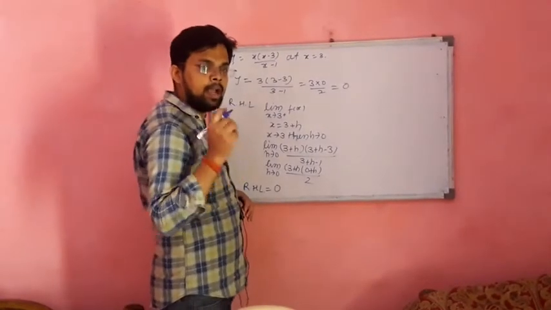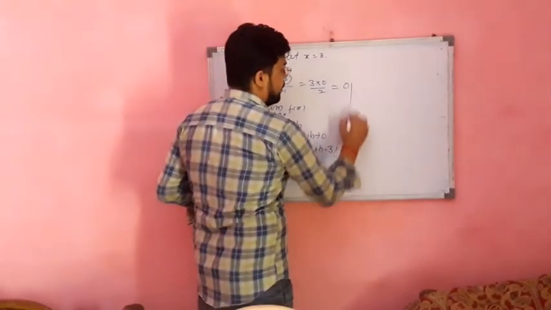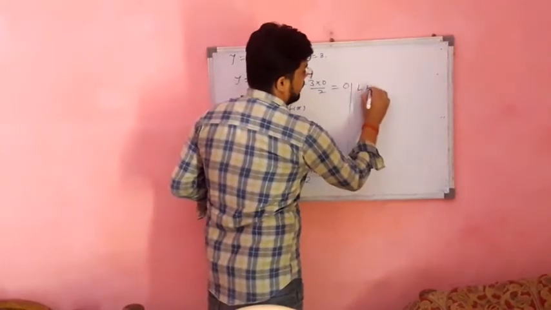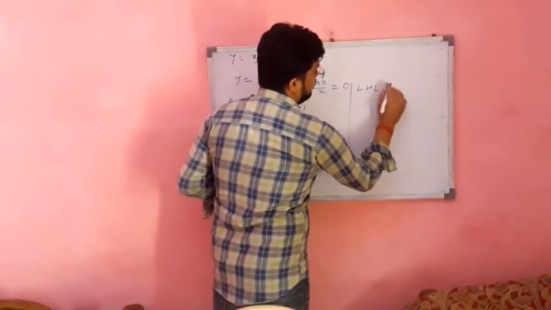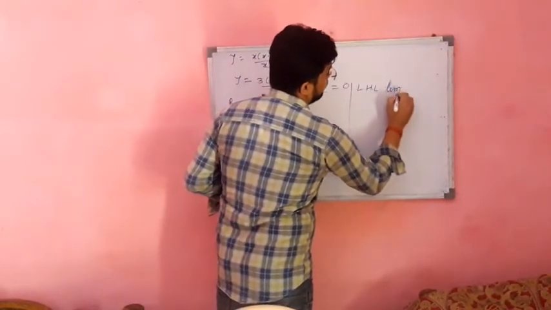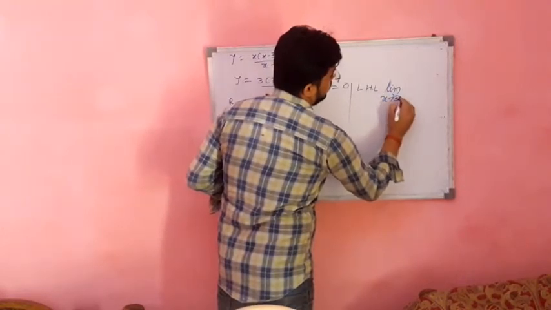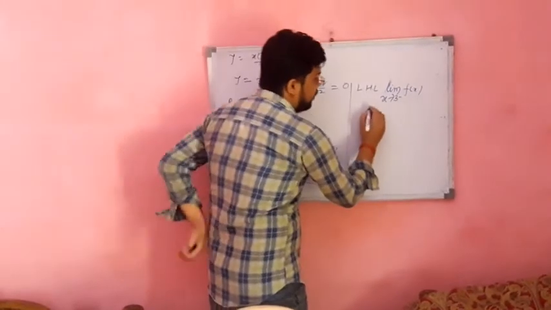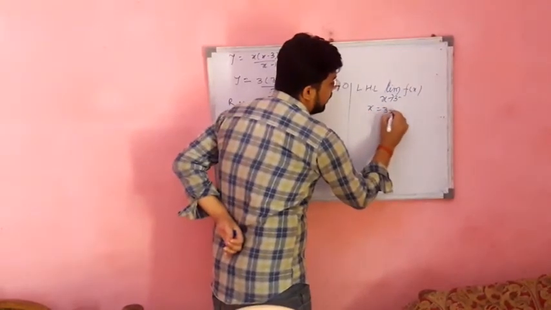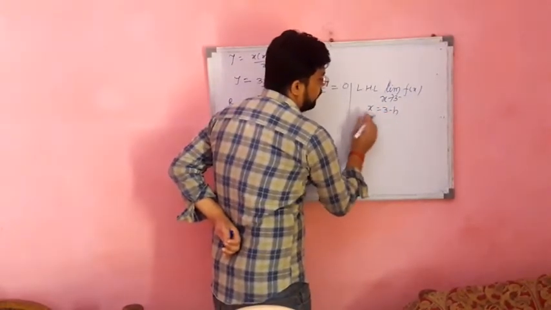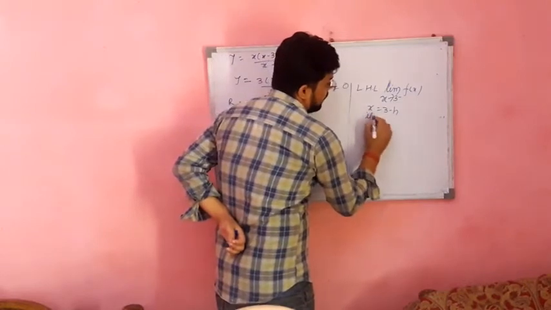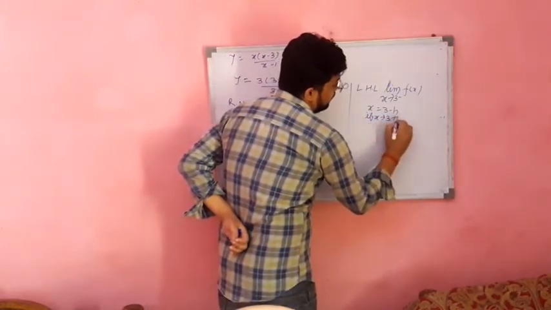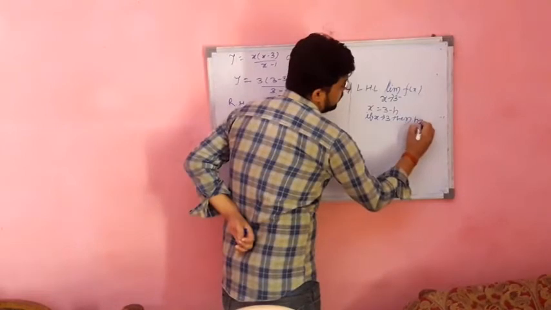Now I will find the LHL, which is the left hand limit of this function. LHL is equal to limit x tends to 3 negative f of x. For finding the LHL, I will take x is equal to 3 minus h. Here if x tends to 3, then h tends to 0.